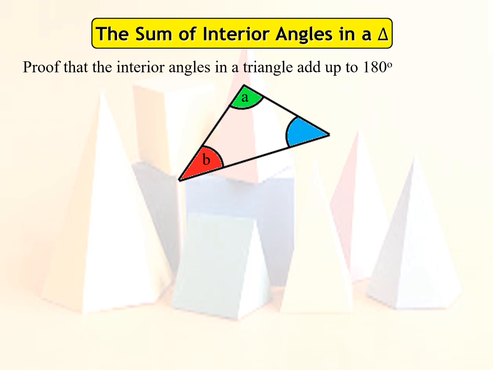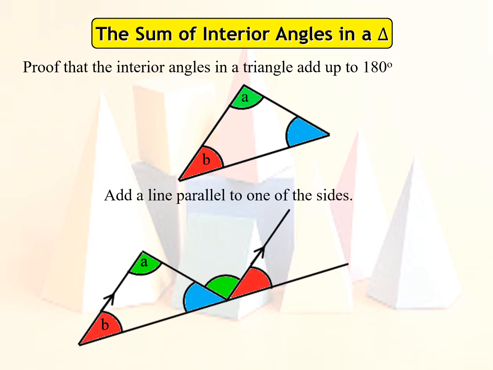The first thing we need to do here is to add a line parallel to one of the sides. As you can see, we have this side which is parallel to this side. And using the idea of a transversal line, this line cuts the two parallel lines, and therefore we can deduce that angle A and this angle are congruent based on the concept that alternate interior angles are equal or congruent.